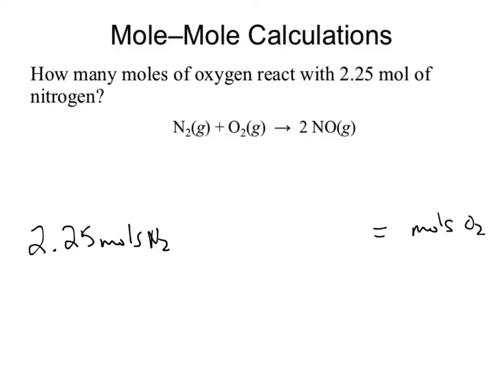Are those units the same? No, which means conversion factor. What do I want for a conversion factor? Focusing again on where I'm trying to get to and what I have, and making sure that those units can somehow disappear or appear. Moles of nitrogen, moles of O2.